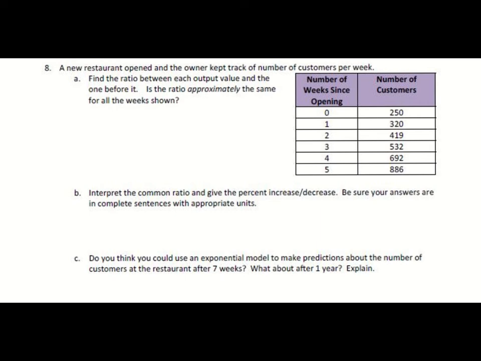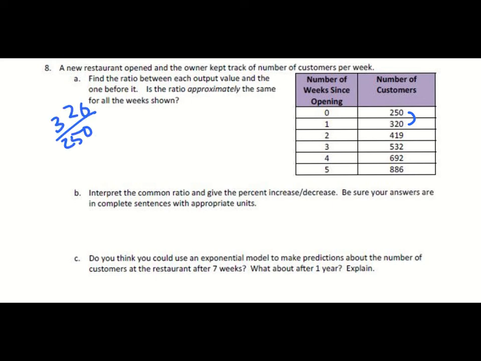Okay, a new restaurant opened and the owner kept track of the number of customers per week. Find the ratio between each output and the one before it. Is the ratio approximately the same for all the weeks shown? So we'll do 320 over 250.